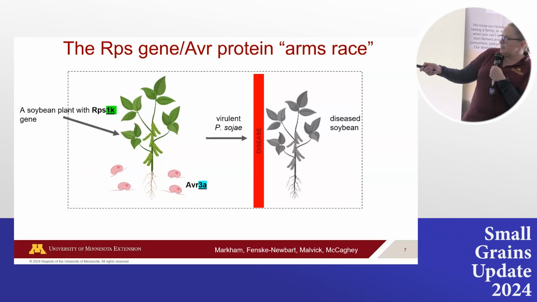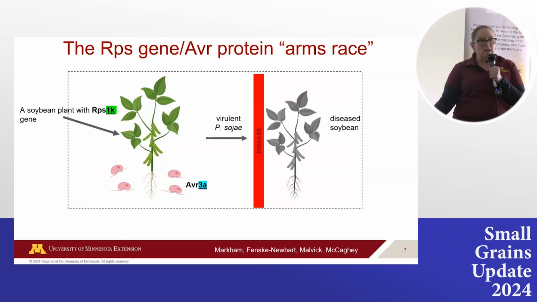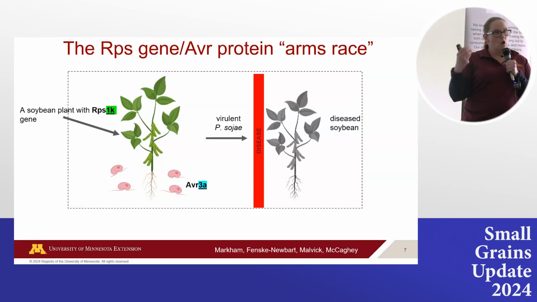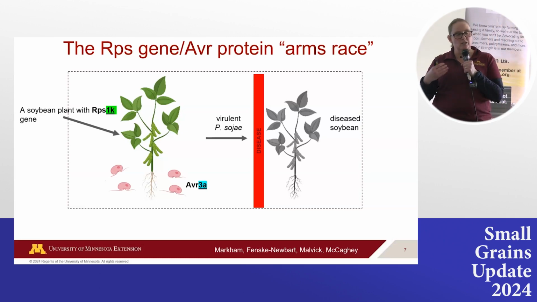So if, for example, you plant the same soybean variety with RPS1K, with that resistance gene, and your Phytophthora isolate produces an AVR protein 3A, you're going to get disease. And so over time, this is how populations shift. I sort of tend to think of it as an arms race.